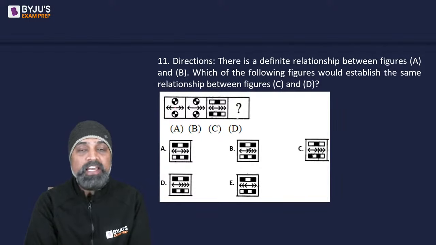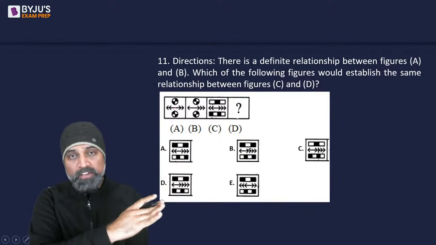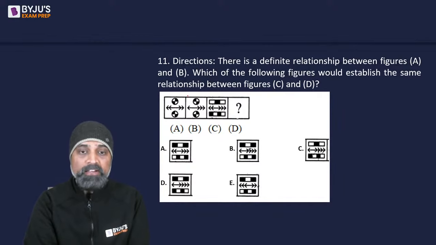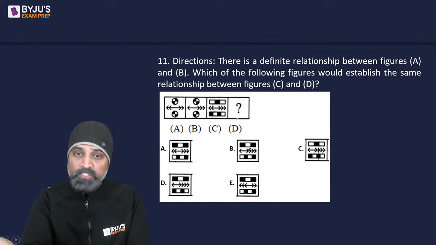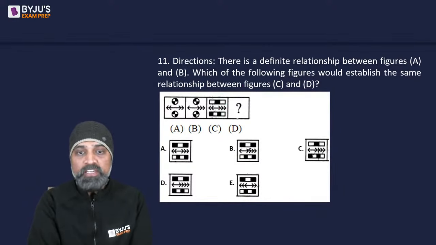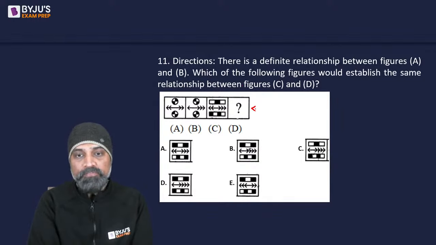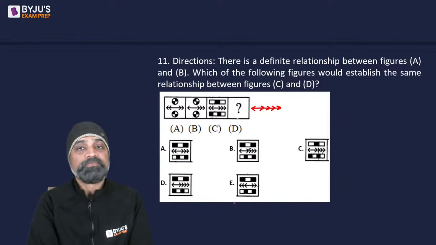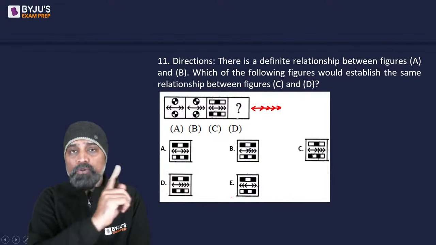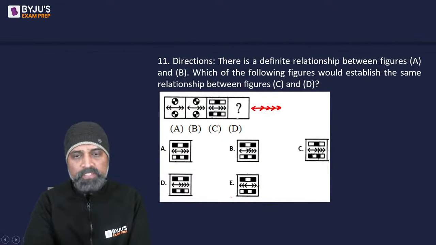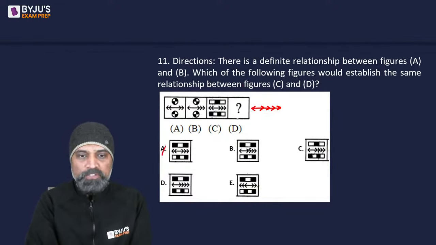The arrow initially had 2 arrows to the left and 2 arrows to the right. One of the arrows from the left has moved to the right. Going by that logic, if I have 2 arrows to the left and 3 arrows to the right, we will eventually have 1 arrow to the left and 4 arrows pointing towards the right. Why? Because one was shifted from the other side, right? So from the given options, of course, Alpha and Echo don't make sense.